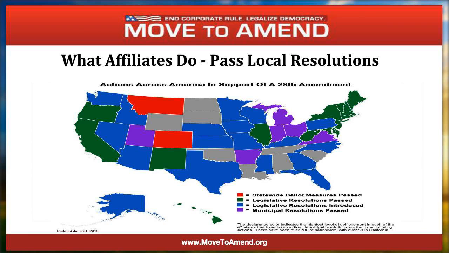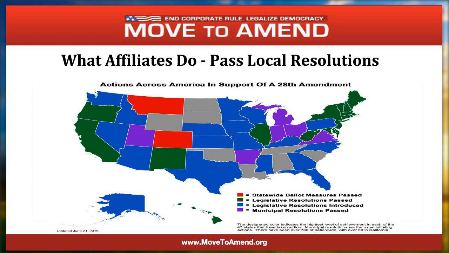So this is just a small map of actions that have taken place across America in support of the 28th Amendment. Like I said, local resolutions have been passed through state legislatures, through the ballot, municipal resolutions as well, and then of course statewide ballot measures like in Washington, California, Colorado, and Montana, in fact, which was one of a few states that had, before Citizens United, its constitution with clear campaign finance limits.